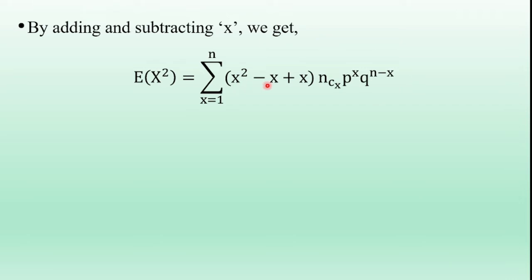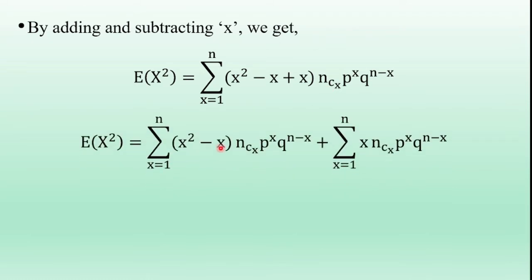So this x square minus x plus x is written as x square minus x into nCx p power x q power n minus x plus x into nCx p power x into q power n minus x. Multiplying this term within the bracket, we have x square minus x into this term and x into this term, and applying the summation to each term, we have this resultant expression.